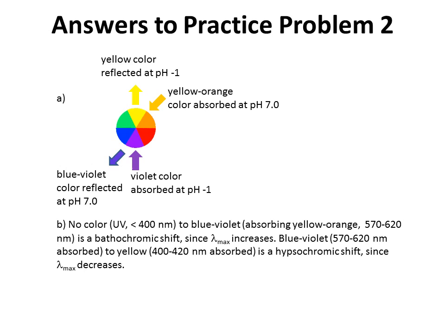This is an increase in wavelength, therefore a bathochromic shift. Lambda max increases. Now when you go from the blue-violet, 570 to 620 nanometers, to yellow, yellow absorbs the violet color, which is 400 to 420 nanometers. That's a decrease in lambda max, therefore this is a hypsochromic shift.